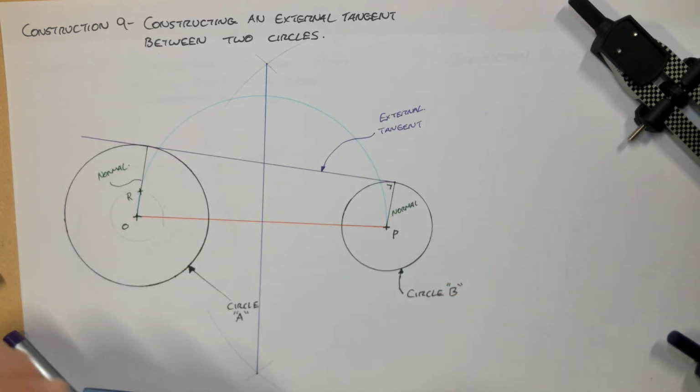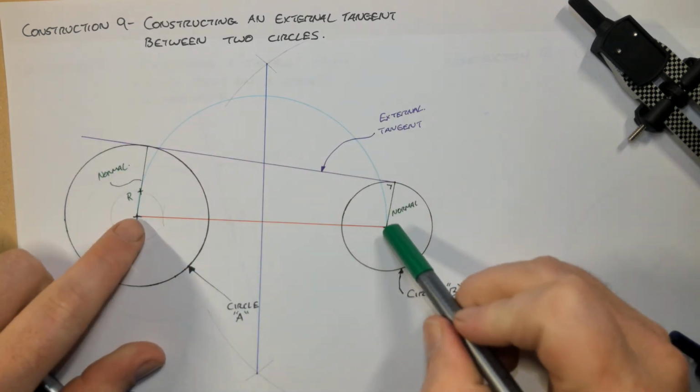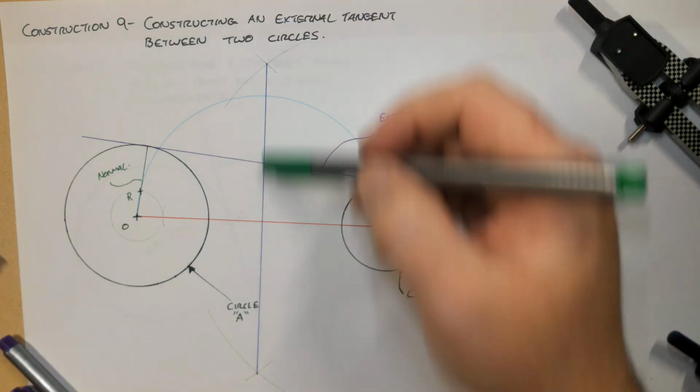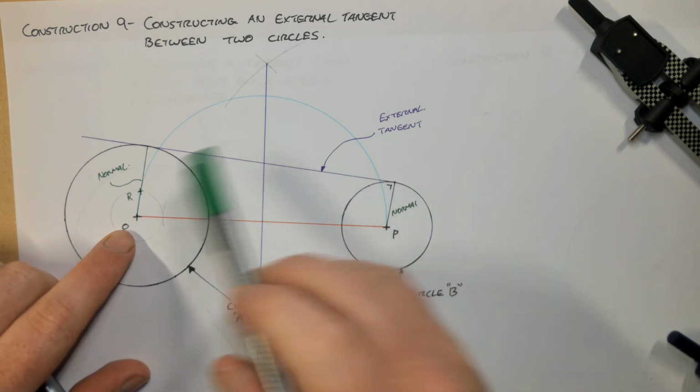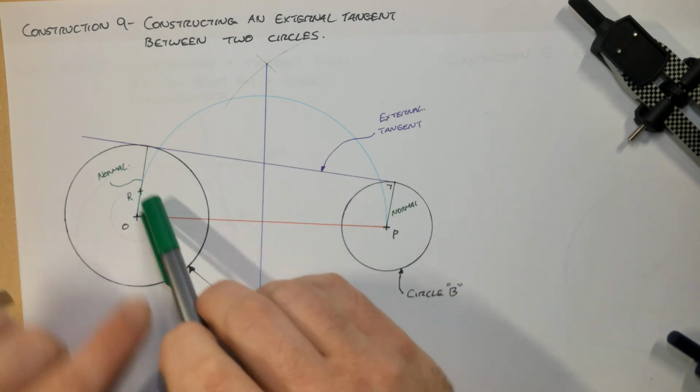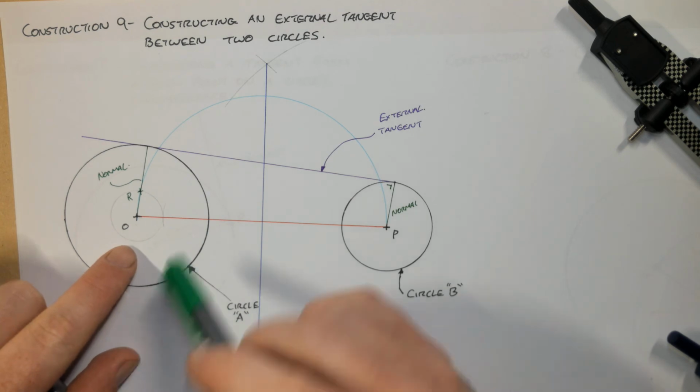So again, recap. Step 1, join the centers. Step 2, bisect it to get this blue line. Step 3, subtract the radius of your smaller circle from the larger circle to give you this little circle C, we'll call it.